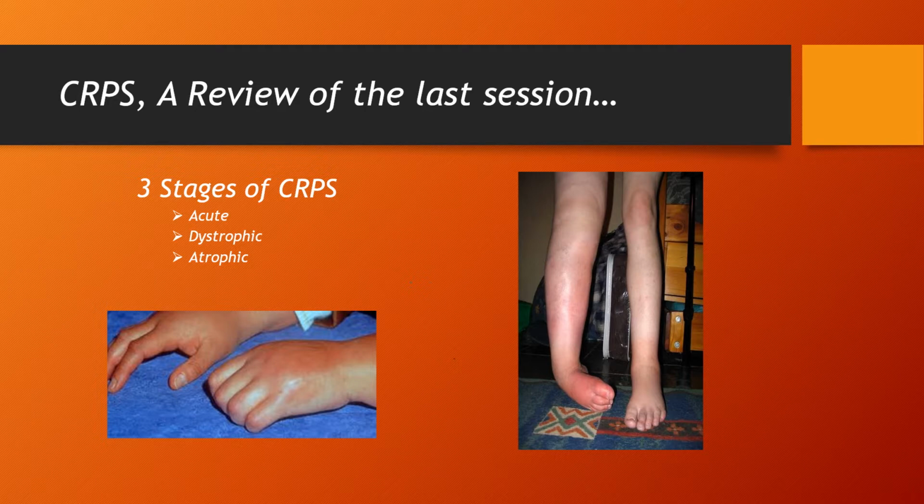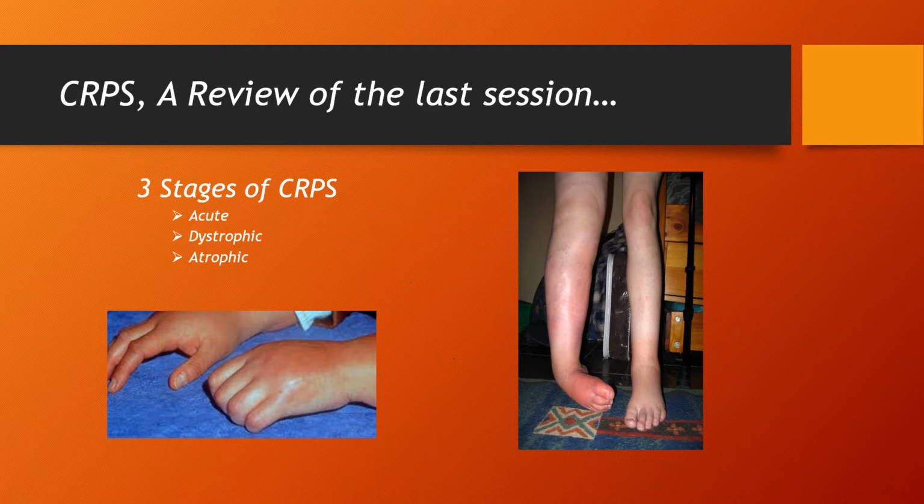Second, we have the dystrophic stage. Now this can occur 3 to 6 months after the acute stage, and it's known as the vasoconstrictive stage, known for very hard edema, hypothermia, or cool skin, wasting of the tissue, even more severe pain, and also vasomotor, pseudomotor, and trophic changes.